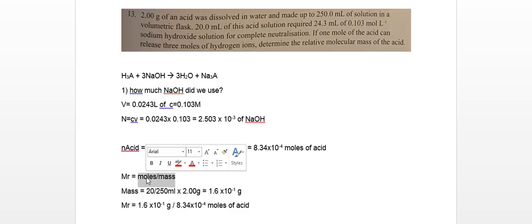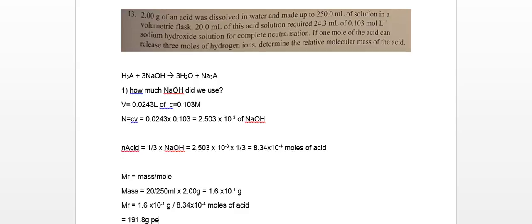Sorry, I had that the other way around at first. Fairly straightforward one to do in that particular case. And that works out to be 191.8 grams per mole. Using titration, you've just determined the relative molecular mass of the substance.